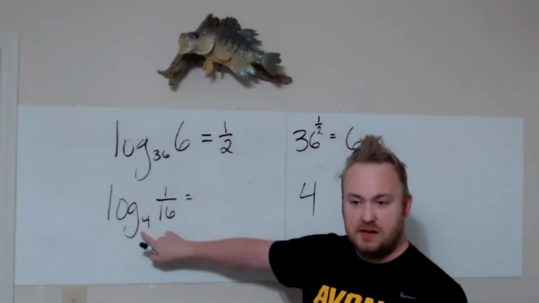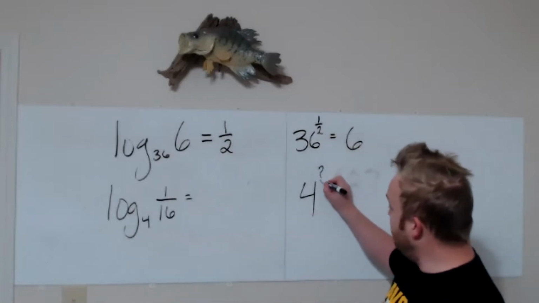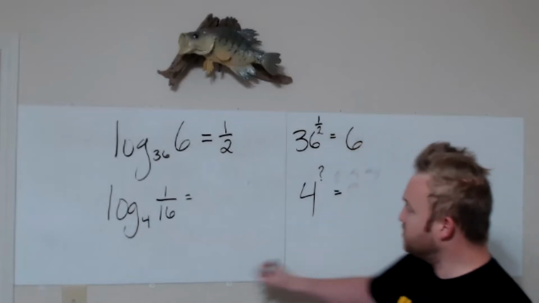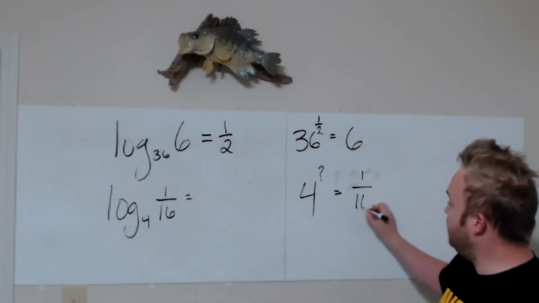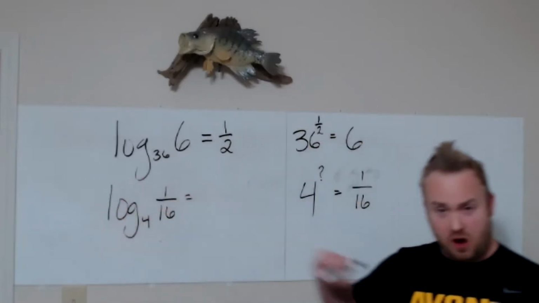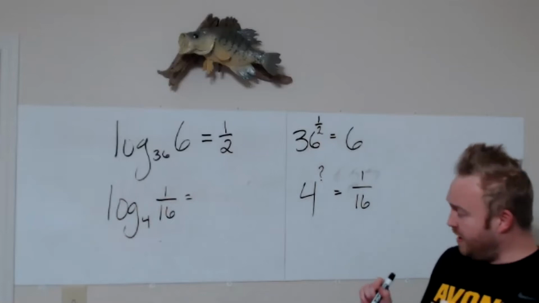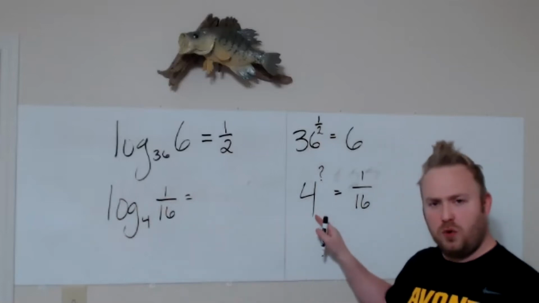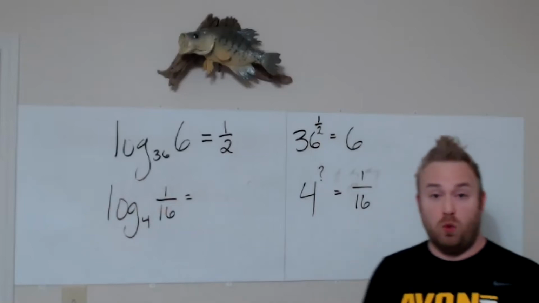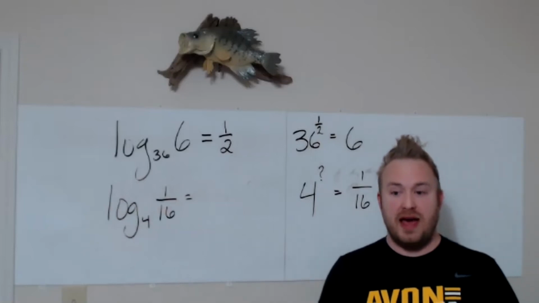4 is my base. I don't know what my exponent should be, but I know I'm supposed to get an answer of 1/16. So when we evaluate this logarithm, I'm thinking, if my base is 4, what does my exponent need to be if I'm going to get 1/16 as my answer?